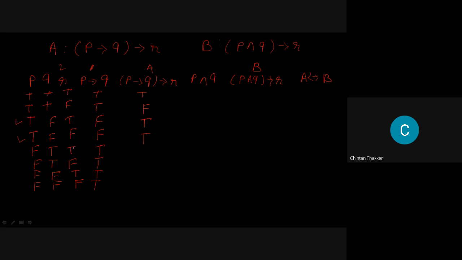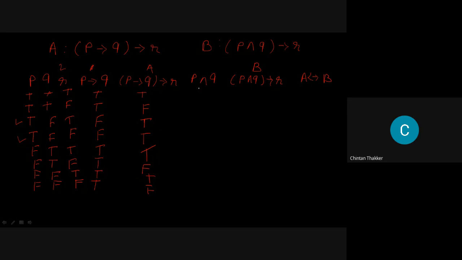Now T, T, T, F, T, T, T, F. In the fifth, both are true, so true. In the sixth, T, F, so we have F. Here T, here T, F.